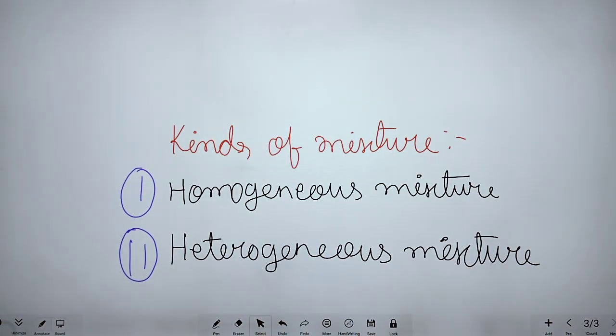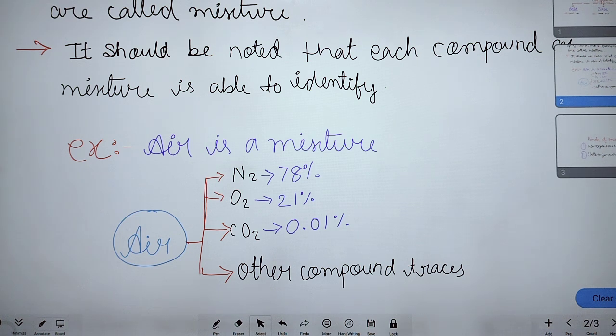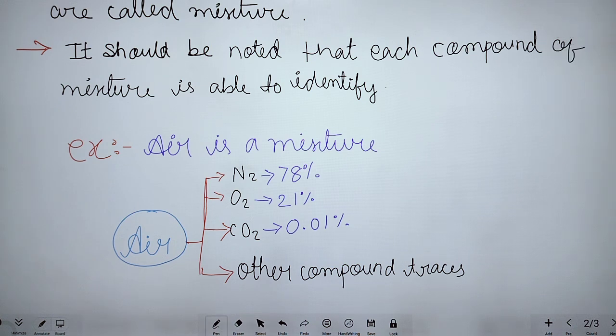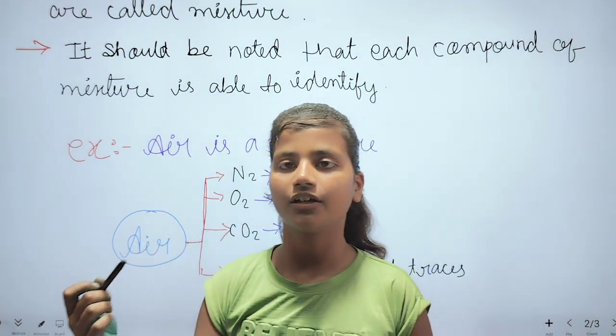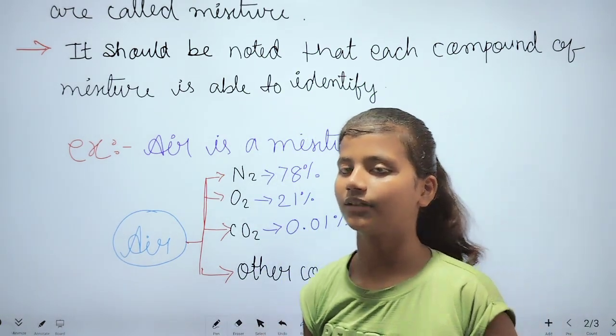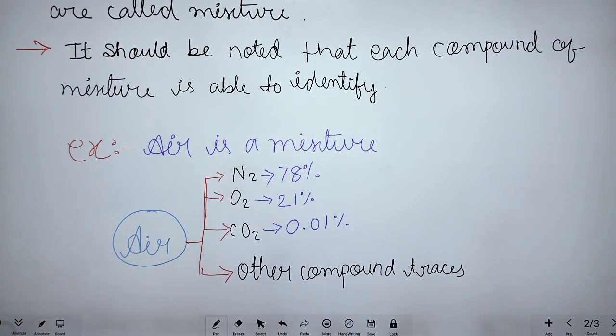So in this video we discussed what is mixture. Those kinds of substance which are made up of two or more elements or compounds are called mixture. And here is a point that each component of mixture is able to be identified.